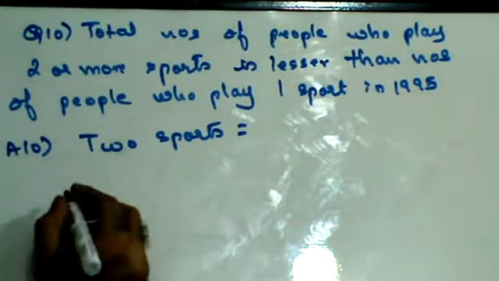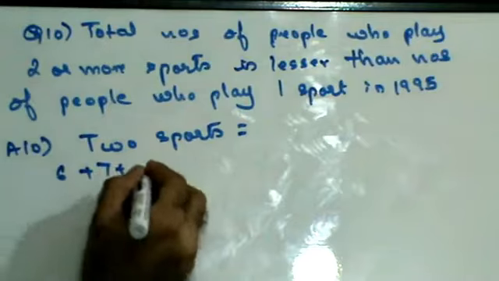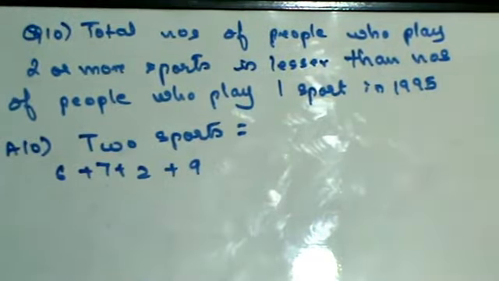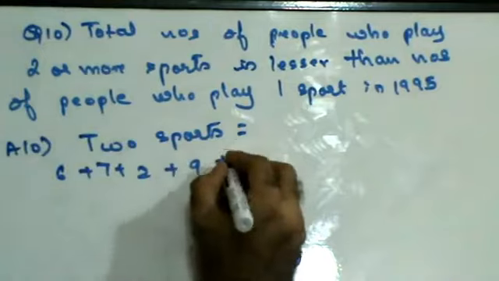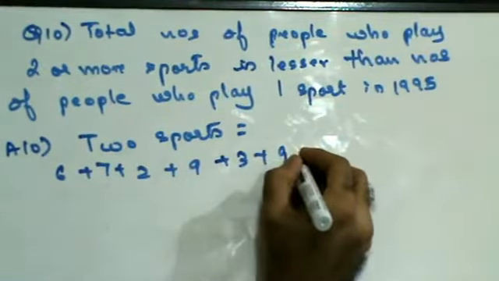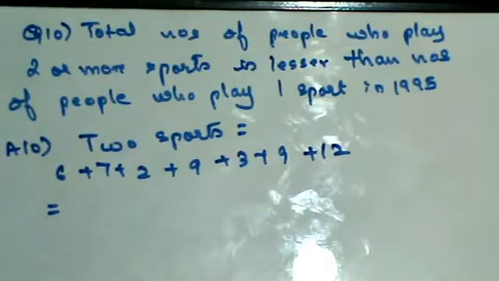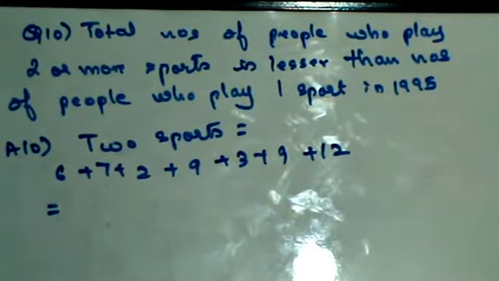So this is going to be 6 plus 7 plus 2 plus 9 plus 3 plus 9 plus 12, right? This is how much? 39.